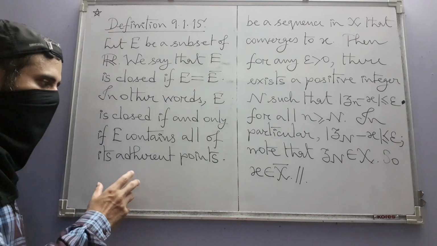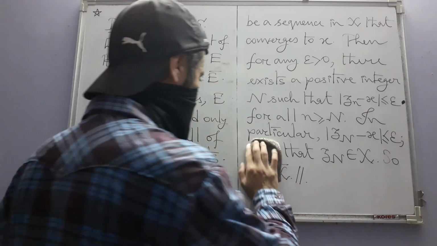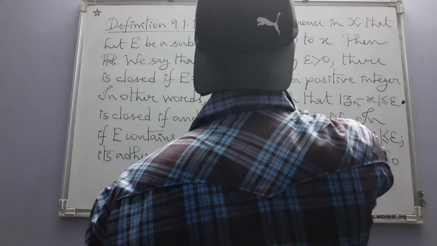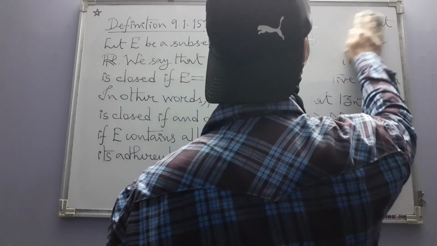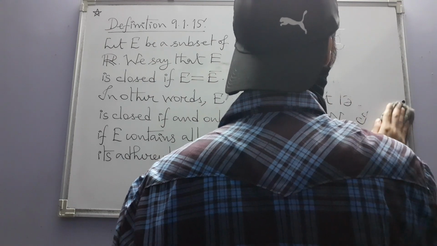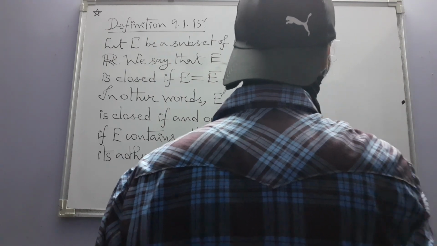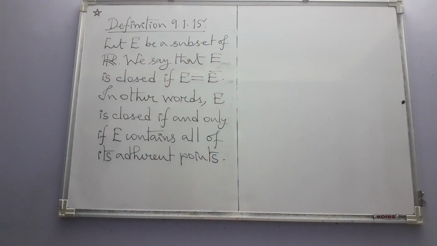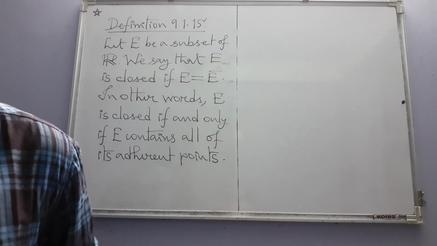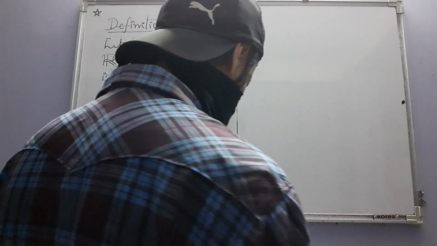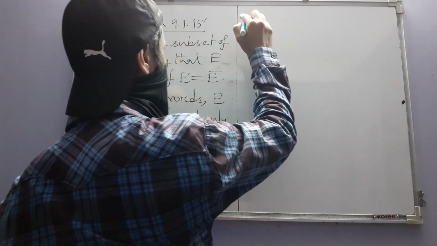Some special sets, for example the intervals and the other known subsets of R. In some of the previous examples, we calculated these closures. So based on that calculation, we have this next example.